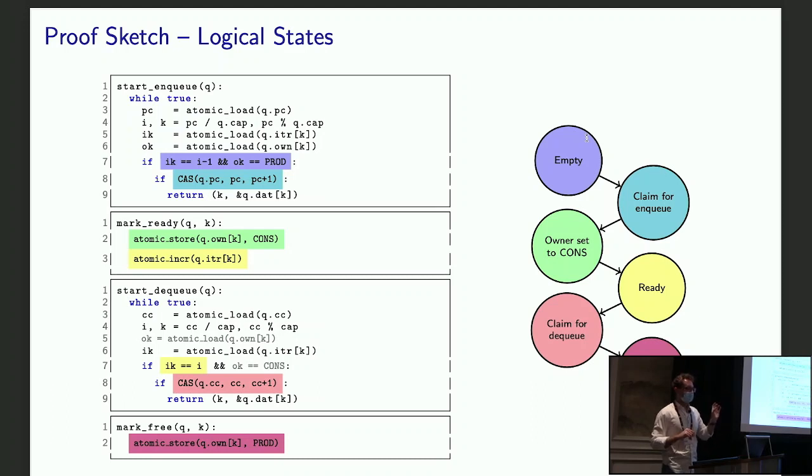And then on line 8, we do this compare and swap, which claims the slot for NQ. And so each of these transitions corresponds to updating the invariant, because anytime we do a write into memory, we have to make sure that it obeys the invariant. And so you can go through the rest of the code and see how the invariant updates.